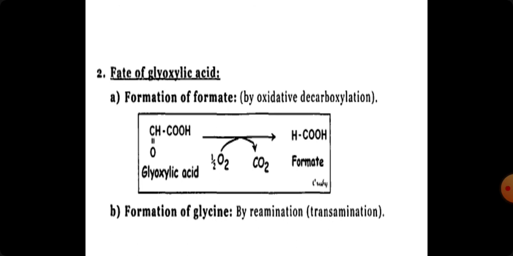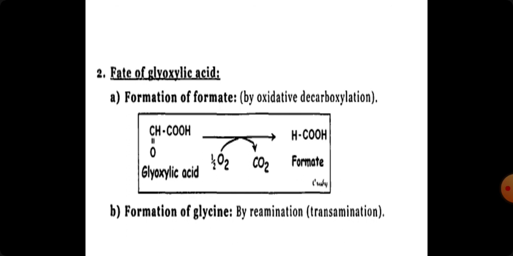Fate of glyoxylic acid. To complete the catabolic fate of glycine, glycine is first converted to glyoxylic acid, then glyoxylic acid is further converted into formate. That is the formation of formate by oxidative decarboxylation.